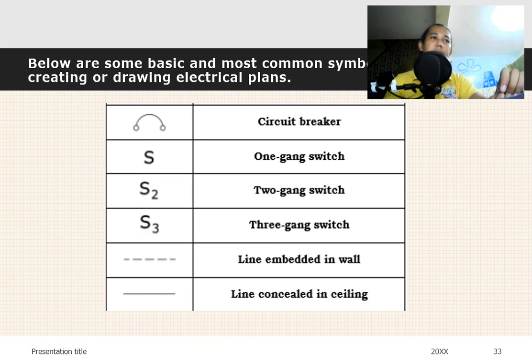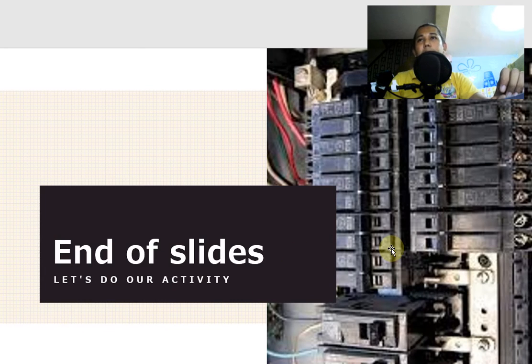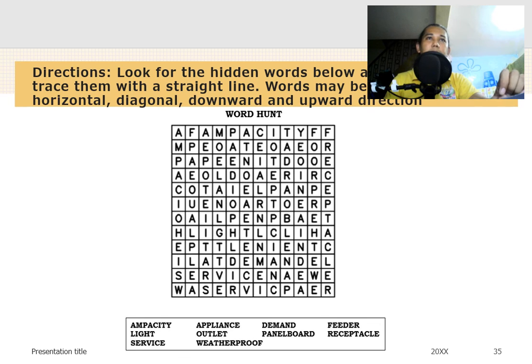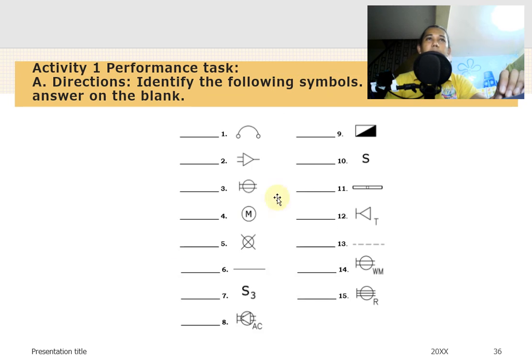So, that is the end of our slide. No? So, nagbigay na ako ng mga activity that you're going to do sa inyong Google Classroom. One of those activities is the word hunt. You just find the words from the given words. Hanapin nyo na lang dyan. It's either diagonal, vertical, or horizontal. We have also here the identifying activity. You're going to identify what kind of electrical symbols you have here.